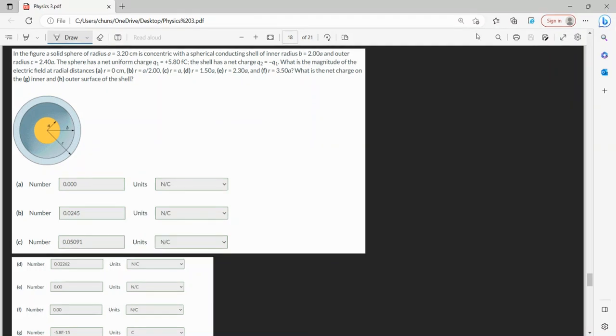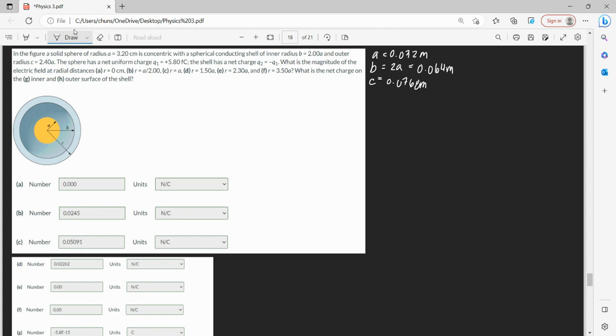For this last question, we are given a solid sphere with radius A to be 3.2 centimeters, which is 0.032 meters, with a spherical conducting shell of radius b, which is 2 times a, which is equal to 0.064 meters, and radius c, which is equal to 2.4 times a, 0.0768 meters.